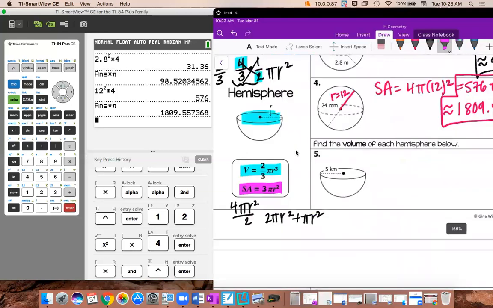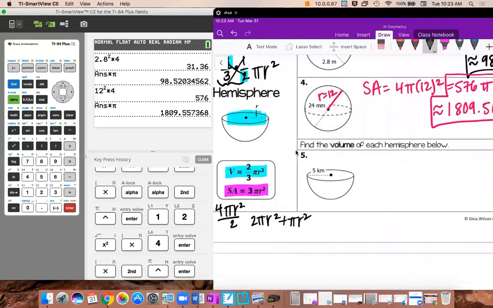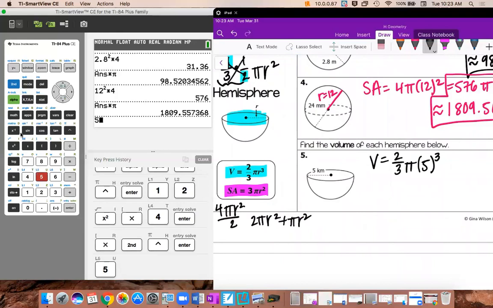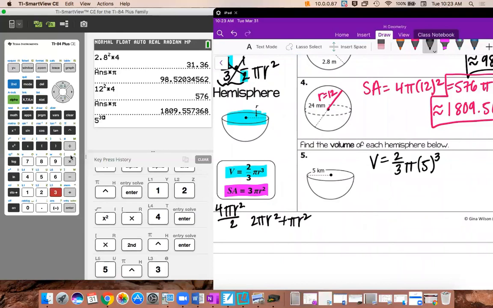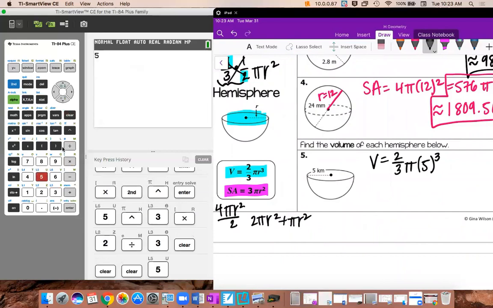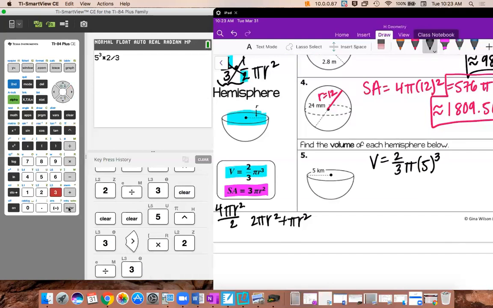And now we're just going to plug it in. Again, you just need the radius. So volume is going to be 2/3 pi, our radius in this one is 5, and volume is always going to be cubed. So we do 5 to the 3rd times 2 divided by 3. And that's ugly, so let's do math frac.